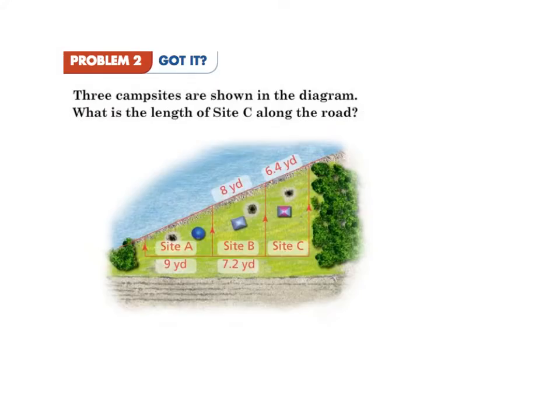Three campsites are shown. Again, we're looking for the length of site C along the road. So this time we're looking for this information right here. We'll call that x. And I'm going to set this up so that I have 8 to 7.2 is equal to 6.4 to x.